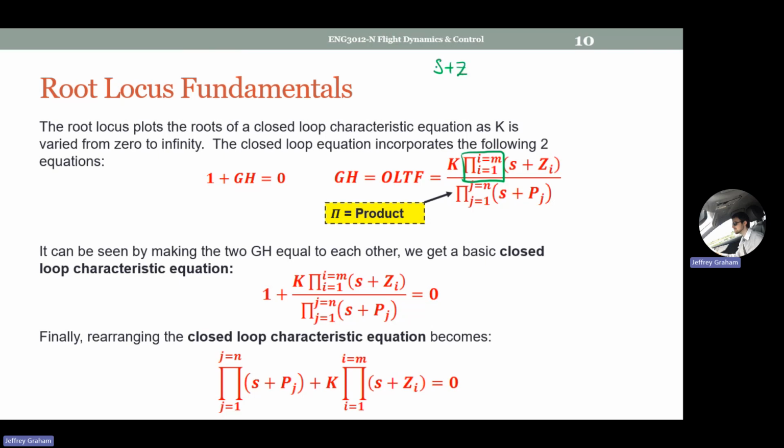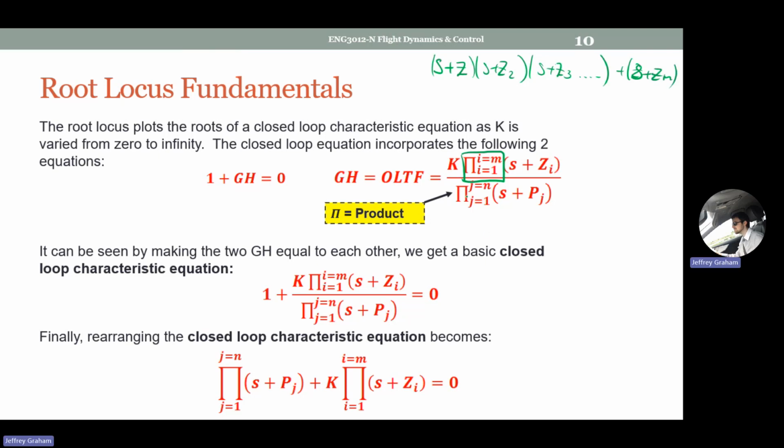So for the zero, s plus the zero value starts at 1. So i starts at the first value. And it'll keep going depending on how many you've got, say 3, until you get to the very end, which will be s plus zm. Right.